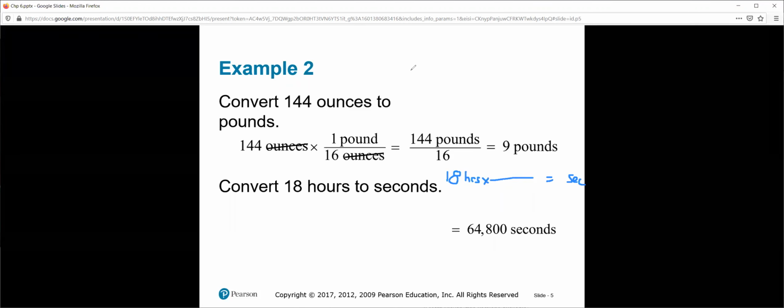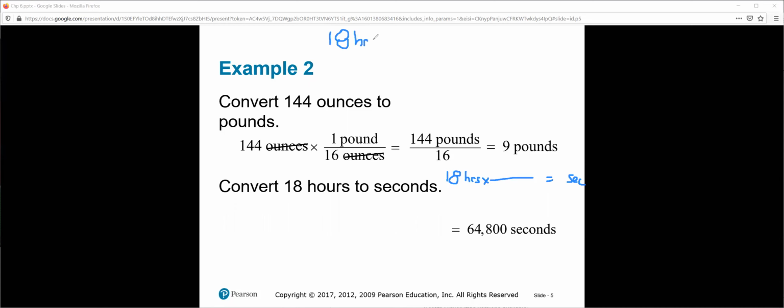So I'm going to rewrite my equation up here just for consistency. I know that there are 60 seconds in 1 minute.